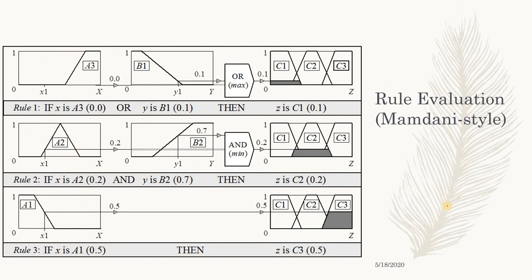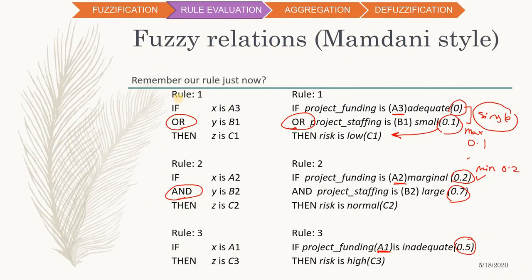From there, you get the rule evaluation by plotting the graph respective to the values of x and y, based on your rule.